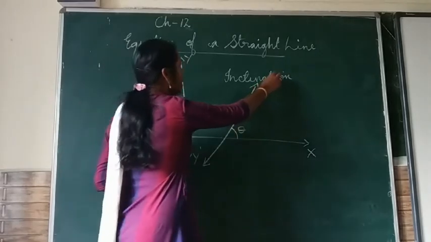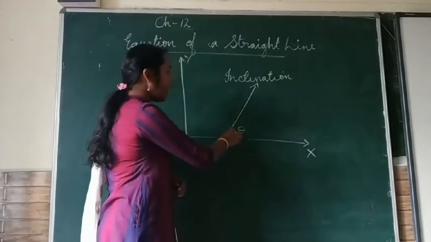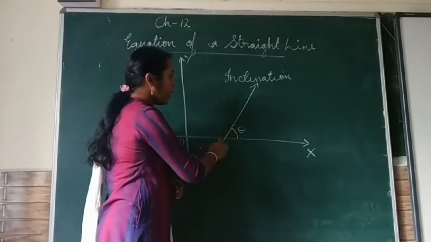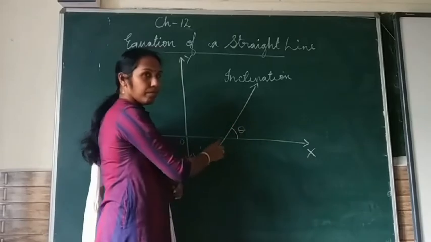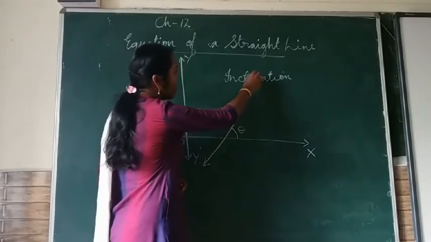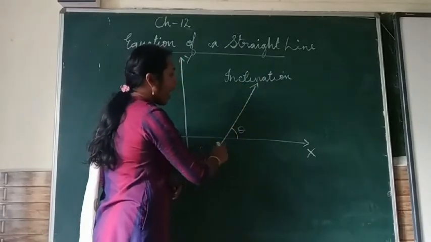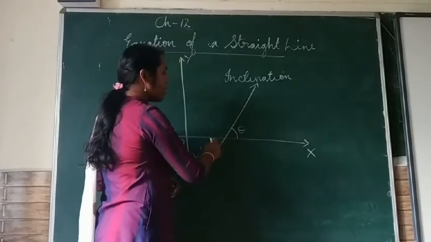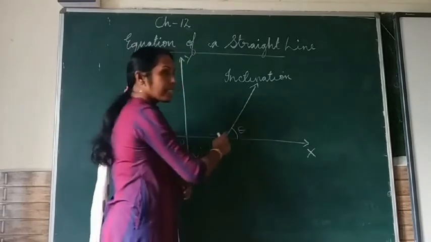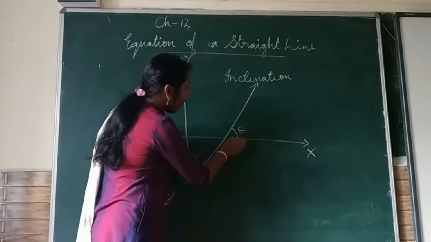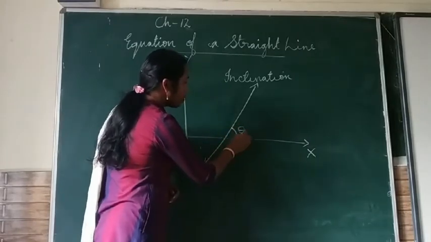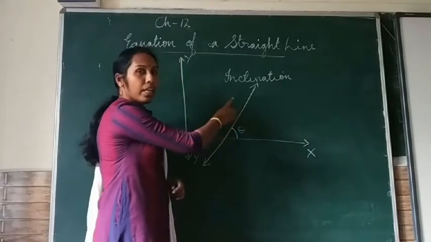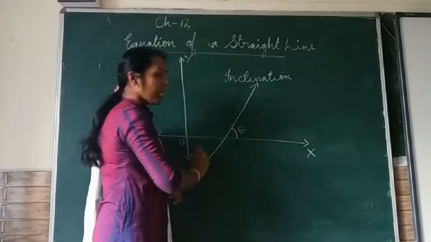So, inclination is the angle made by the line and the x-axis, or the term inclination means the angle that the line makes with the positive direction of the x-axis and measured in the anti-clockwise direction. So here theta is the inclination of the given straight line.